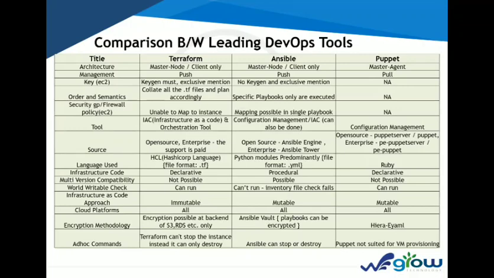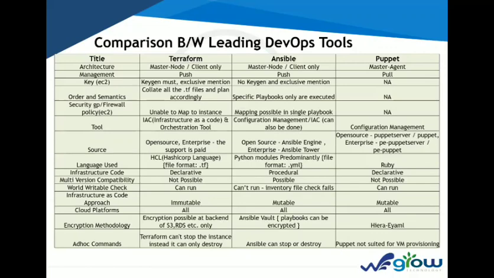But in Puppet, such things cannot be done. So this ensures that Ansible and Terraform can act as infrastructure as code, whereas Puppet cannot. It only deals with package management as well as configuration management.